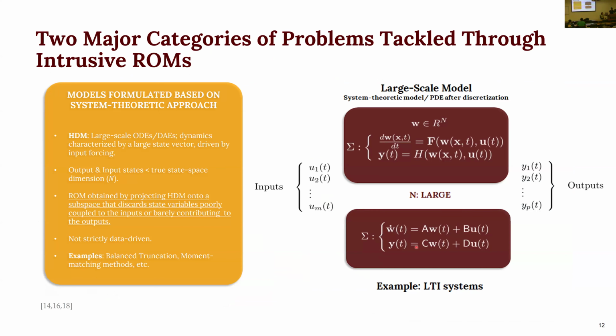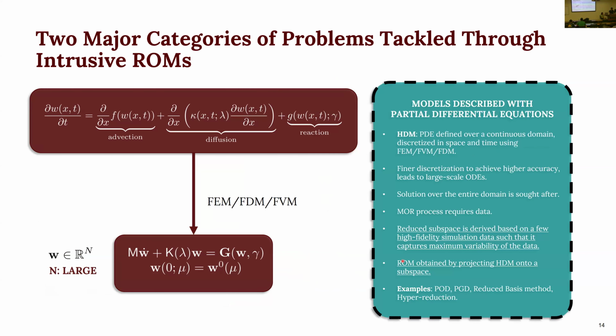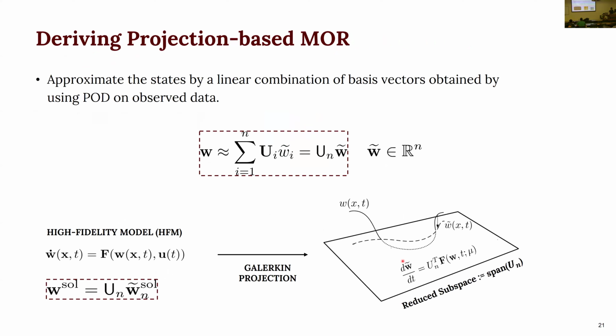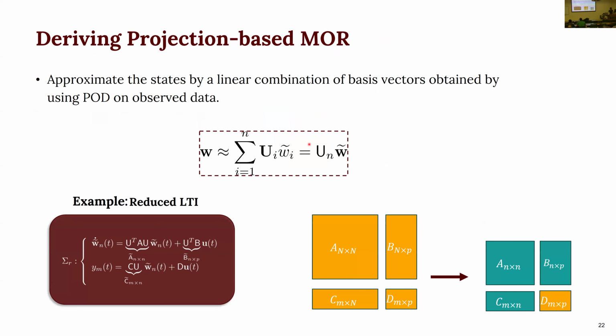So these are pretty large. What you can do is express your W in this way, and then substitute this in the LTI, and we are going to get a much reduced system, which goes from capital N cross N to small n cross n. And solving this equation is much simpler.